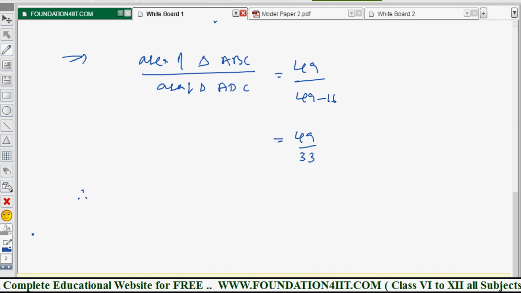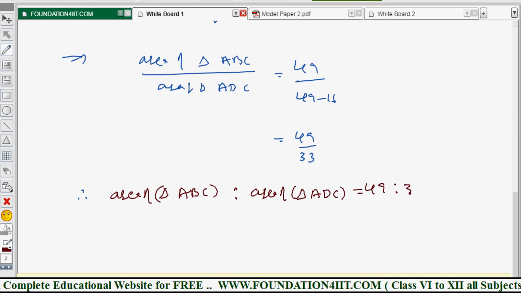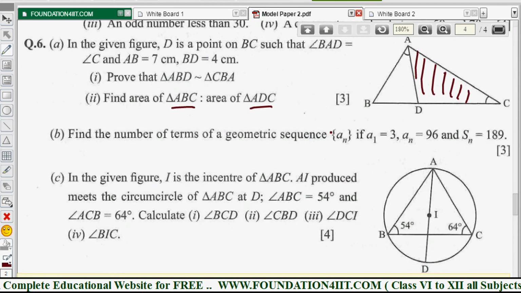Therefore, we can conclude that the area of triangle ABC is to the area of triangle ADC as 49 is to 33. Just see which triangle you need to solve.